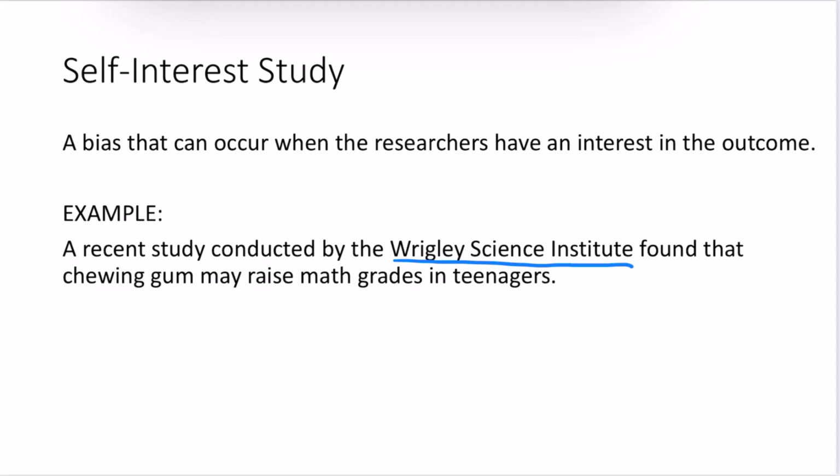This would be an example of the bias that can come when a self-interest study is being done. It doesn't mean that you can't ever do a study that is self-interested. It just means that you need to be a critical thinker. And if you see a study that's clearly a self-interest study, then you want to be a little bit skeptical of the results until those results are proven in a different study.